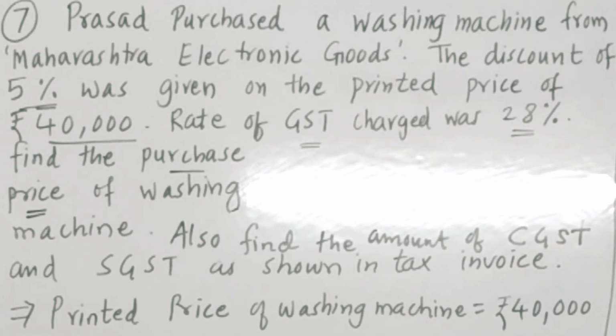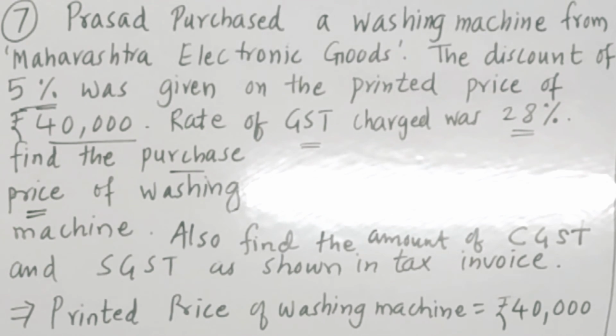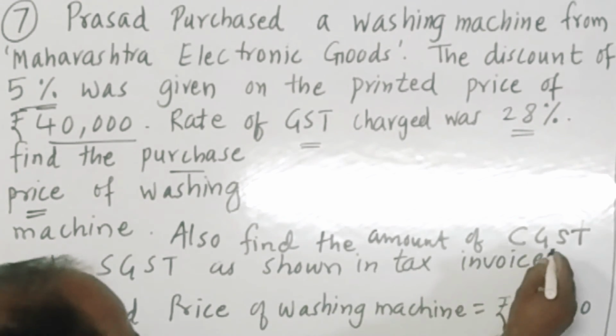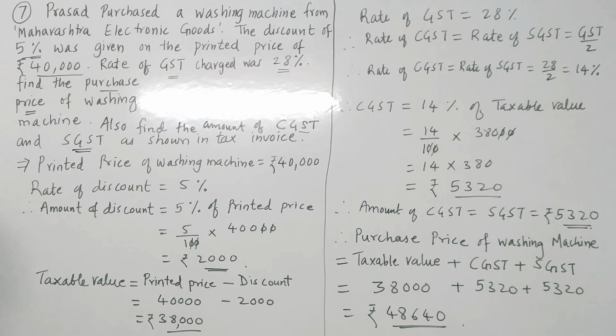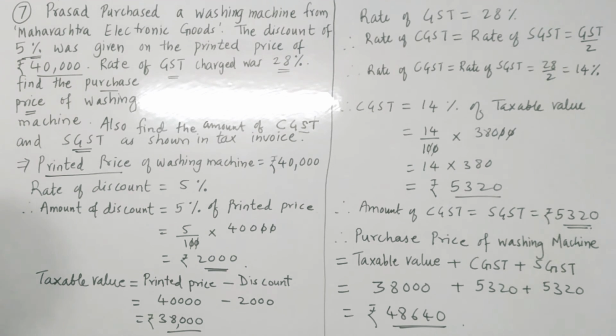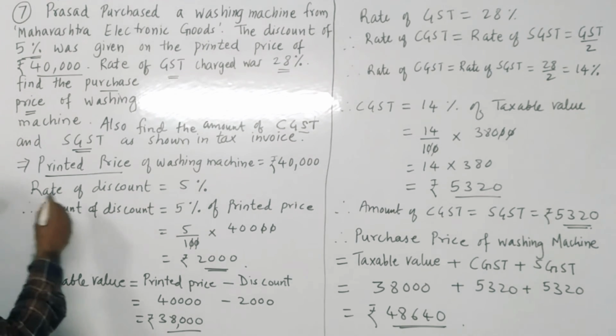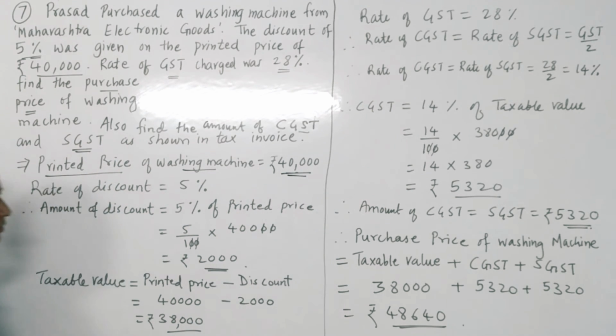It's the cost price, at what cost the washing machine was bought. Also find the amount of CGST and SGST as shown in the tax invoice of that shop, Maharashtra Electronics Goods. So here it is given that the printed price, also called the mark price, of the washing machine is rupees 40,000.